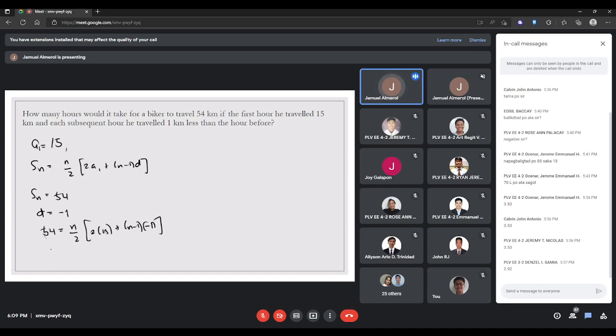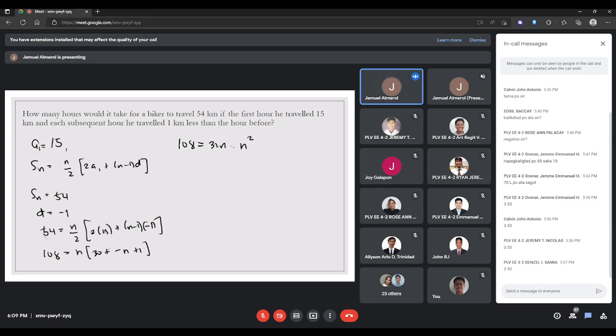So cross multiply, 108 equal to n times 30 plus the negative n plus 1. So 108 is equal to 31n minus n squared.